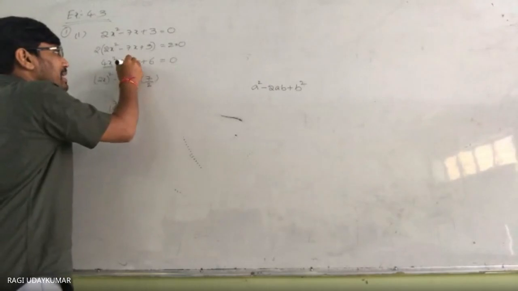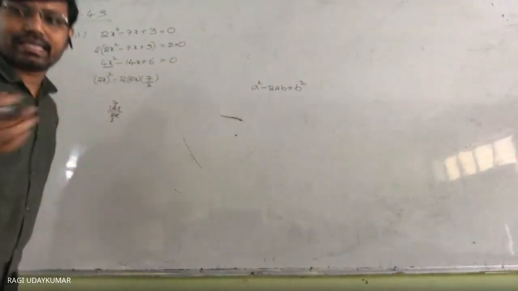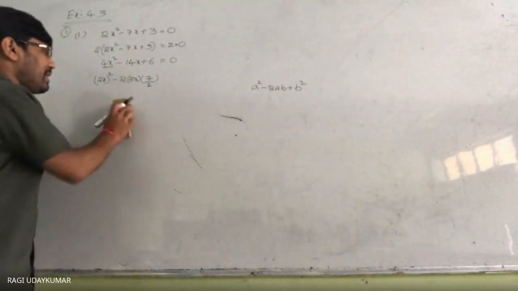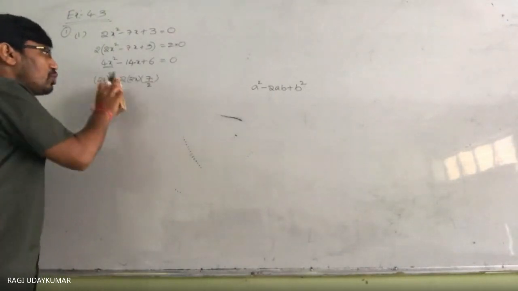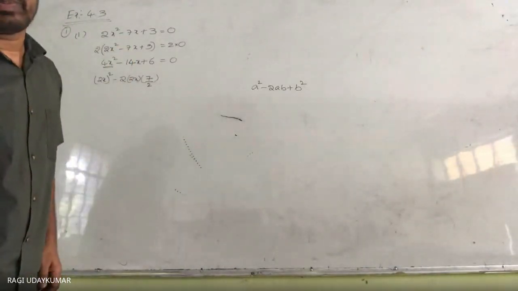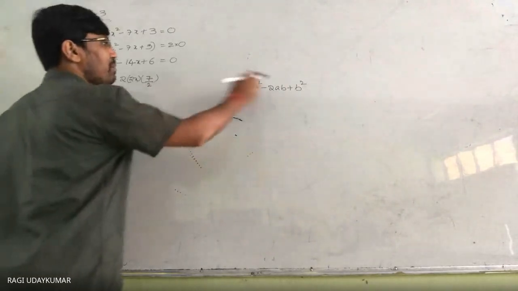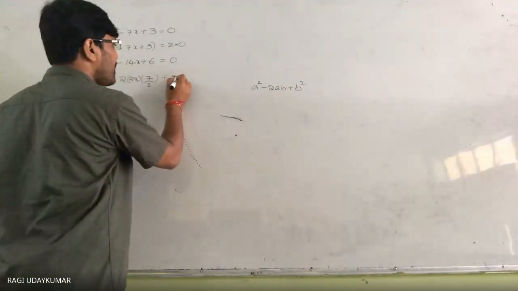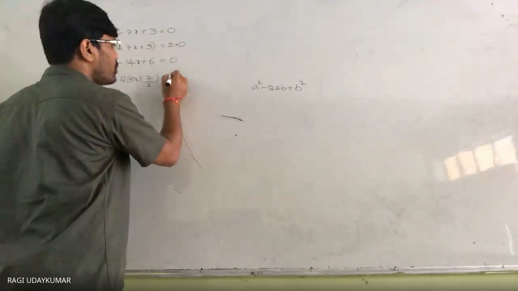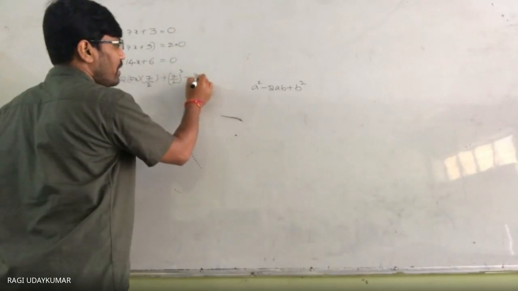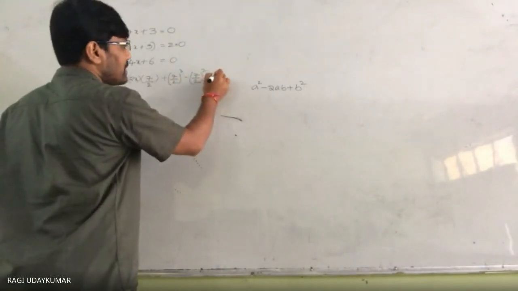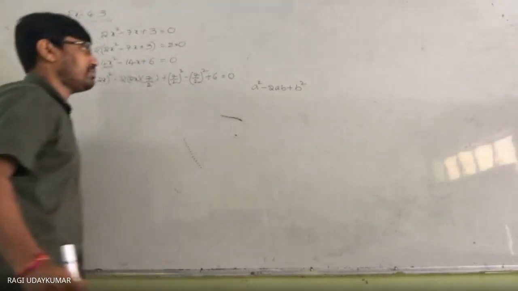So I am rewriting this 14x as 2 into 2x into 7 by 2. Next, to get plus b square, 7 by 2 whole square I am adding, and that 7 by 2 whole square I am subtracting, plus 6 is equal to 0.